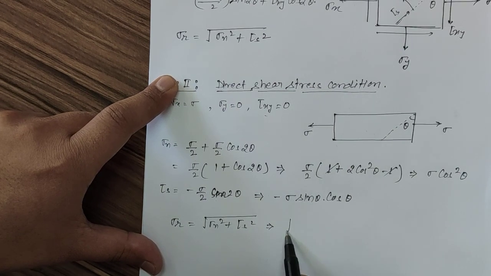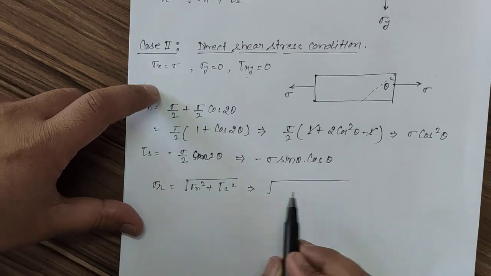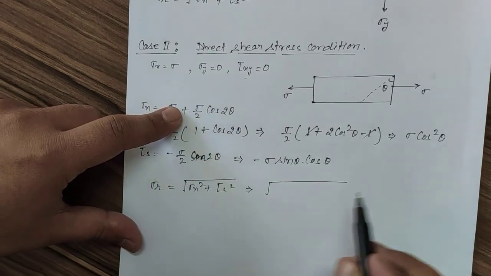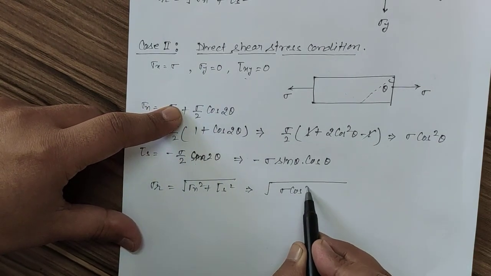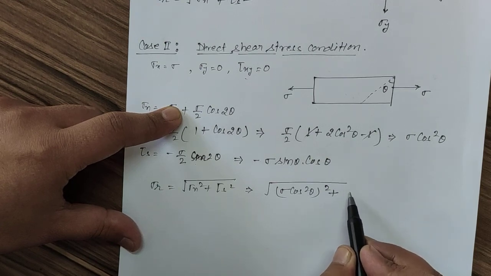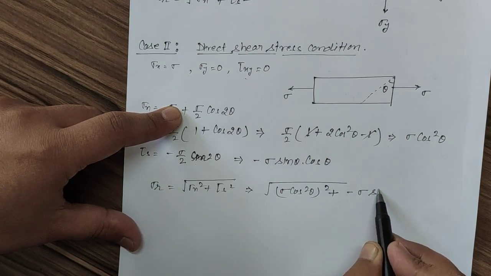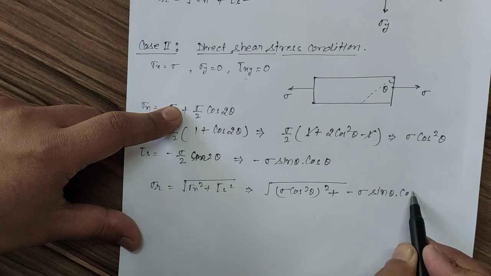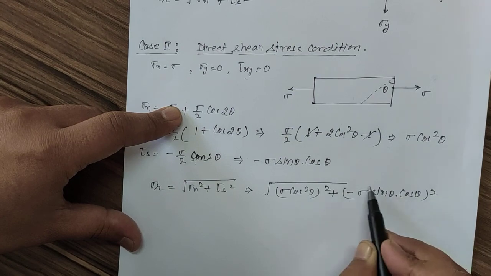Sigma n is sigma cos square theta, whole square, plus minus sigma sin theta cos theta, whole square.